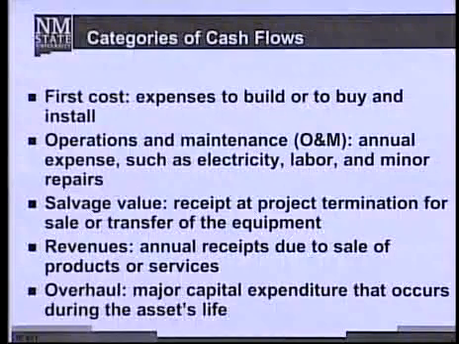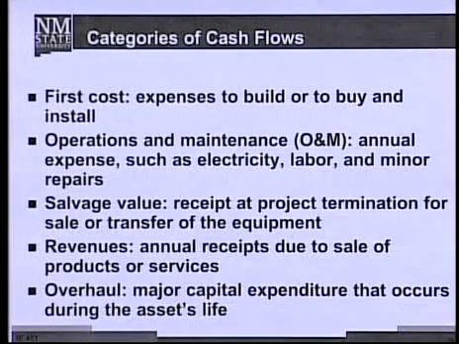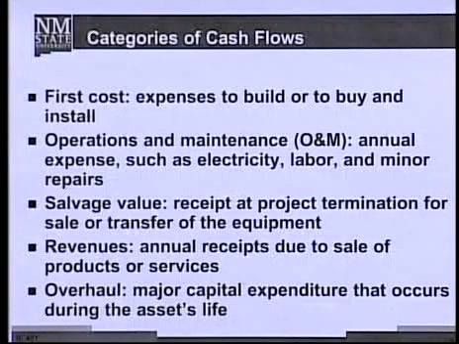Okay, so the expenses and receipts due to engineering projects usually fall into one of these categories. The first cost is the expense to build, or to buy and install.